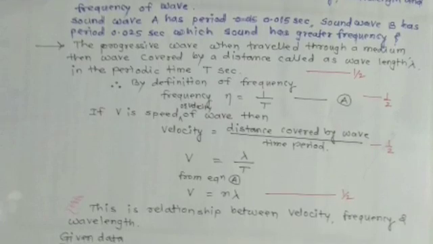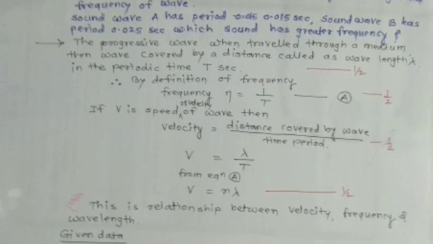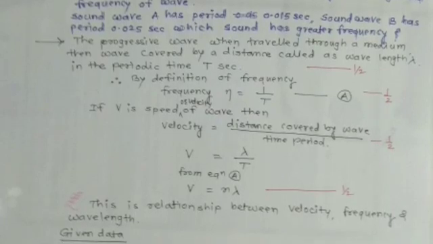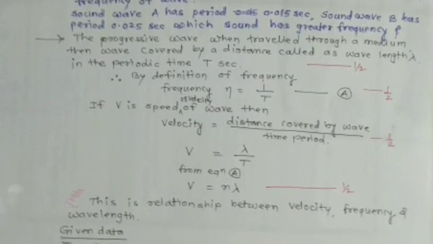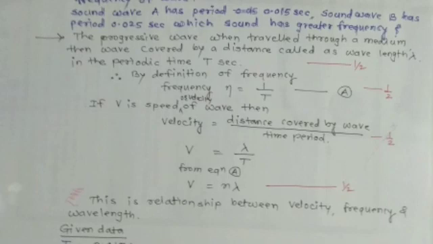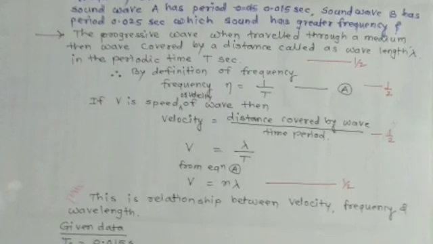Consider a progressive wave travelling through a medium. The wave covers a distance called wavelength, lambda, in periodic time capital T seconds.